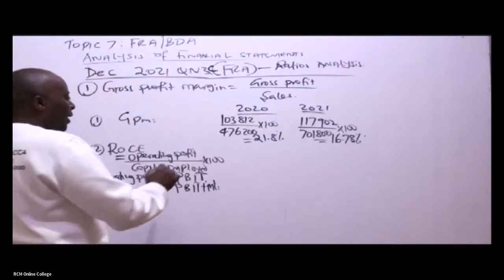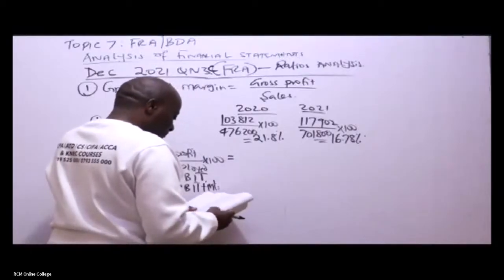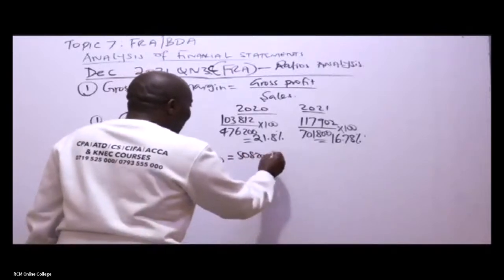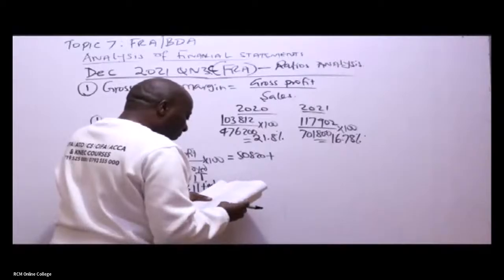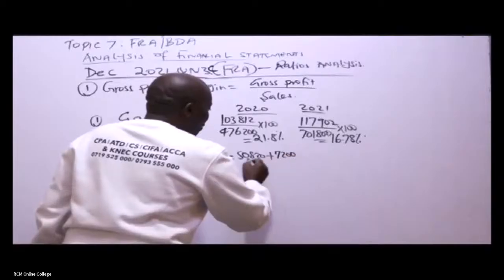I can see PBT is 50,820 plus the interest for this year. Interest for this year, ladies and gentlemen, which is the same as finance cost, is 7,200.